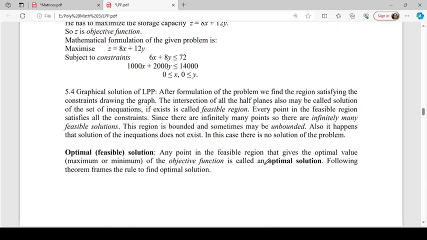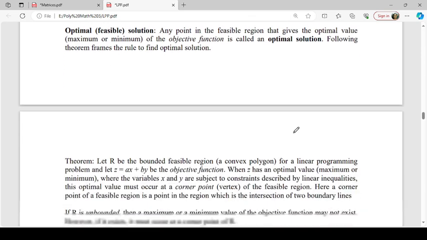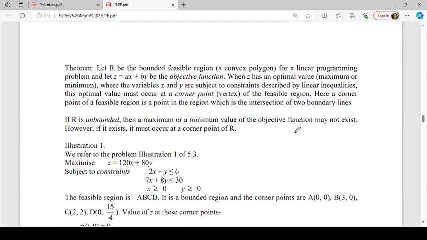So this is the way to solve this type of problems.